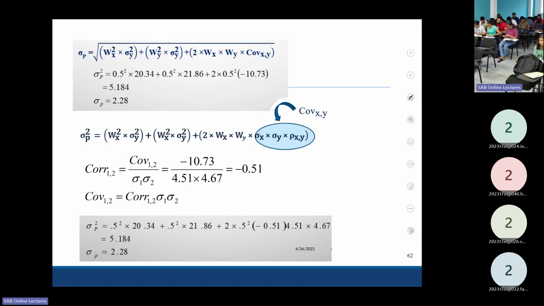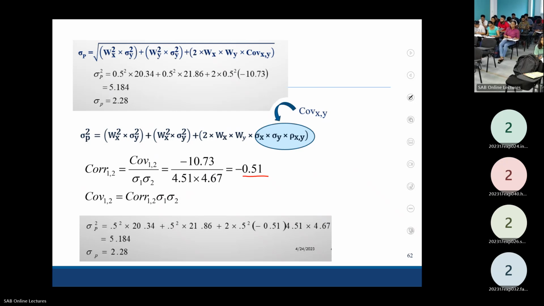So you can calculate the correlation coefficient for our example: minus 0.51.